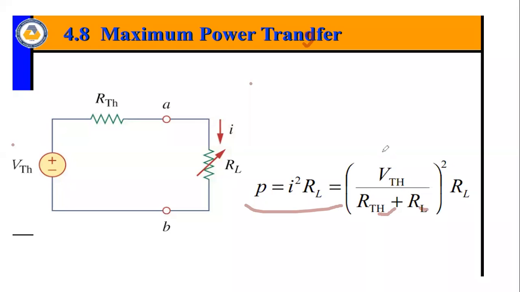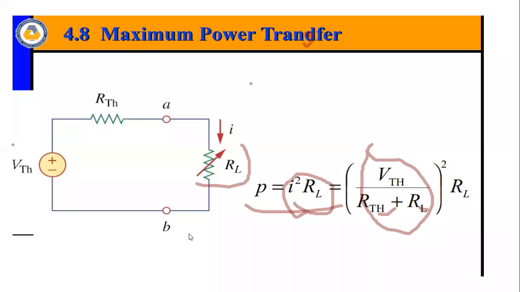So current is voltage by total resistance, and power is I square RL, where RL is the load resistance. So power consumed by the load resistance is going to be VTH by RTH plus RL whole square into RL.